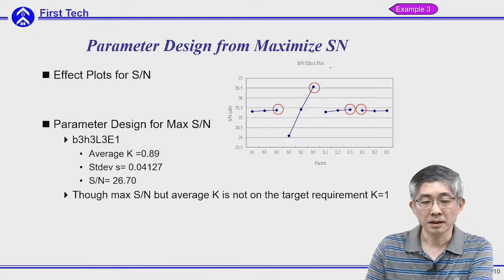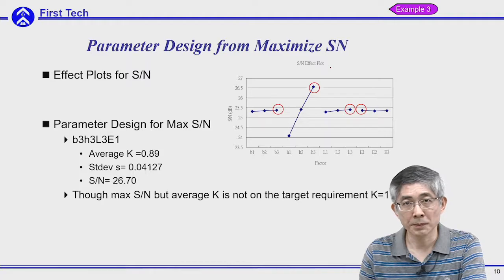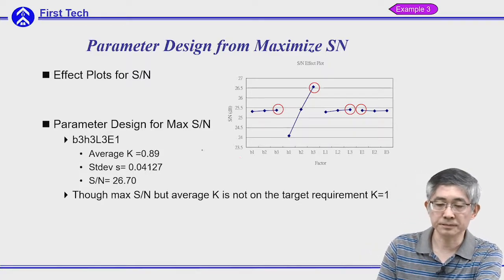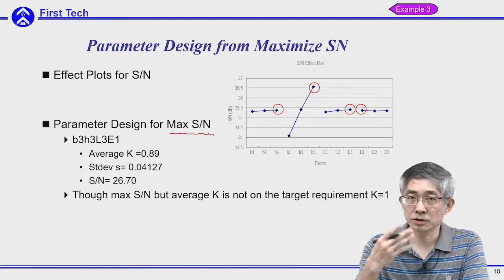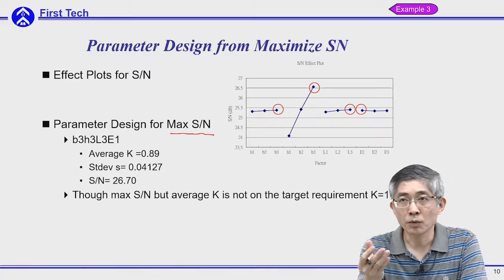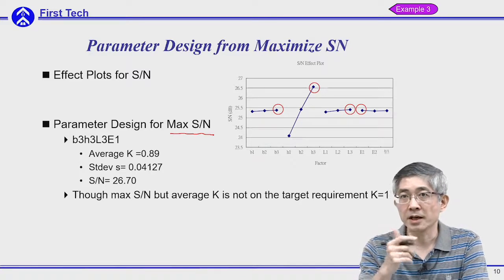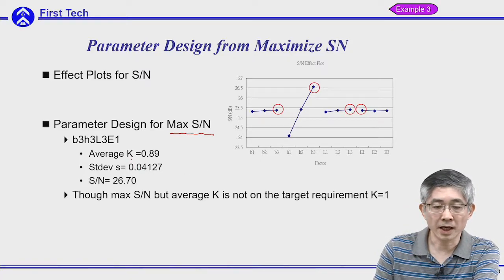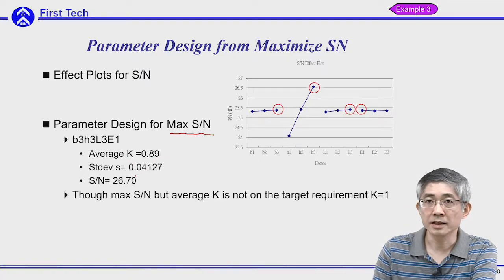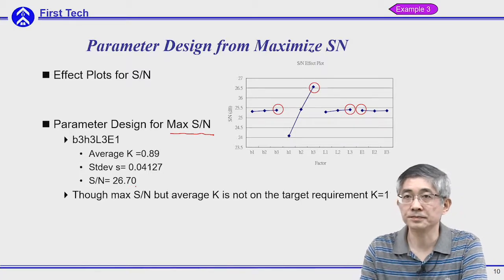We select B3, H3, L3, and E1 to be the optimum design, where the SN ratio will be maximized. In this case, you can do the experiment using the outer array to find out the performance of this maximum SN design. So you can obtain K equal to 0.89, the standard deviation, and the SN ratio of 26.7.